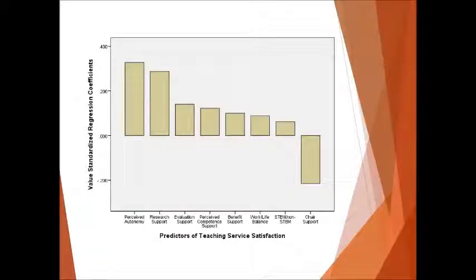Okay, now from a chair's perspective, I've got to take a deep breath and explain this one to you. This is within that same model, predictors of teaching service satisfaction, with perceived autonomy as the single strongest predictor of teaching service satisfaction outcomes. Next strongest is research support, then it really drops off, and then you have this negative result involving chairs.